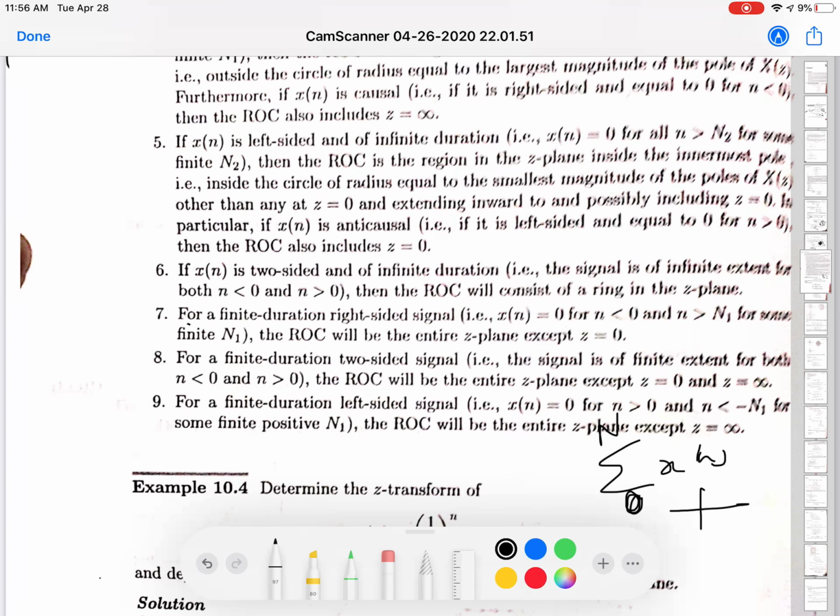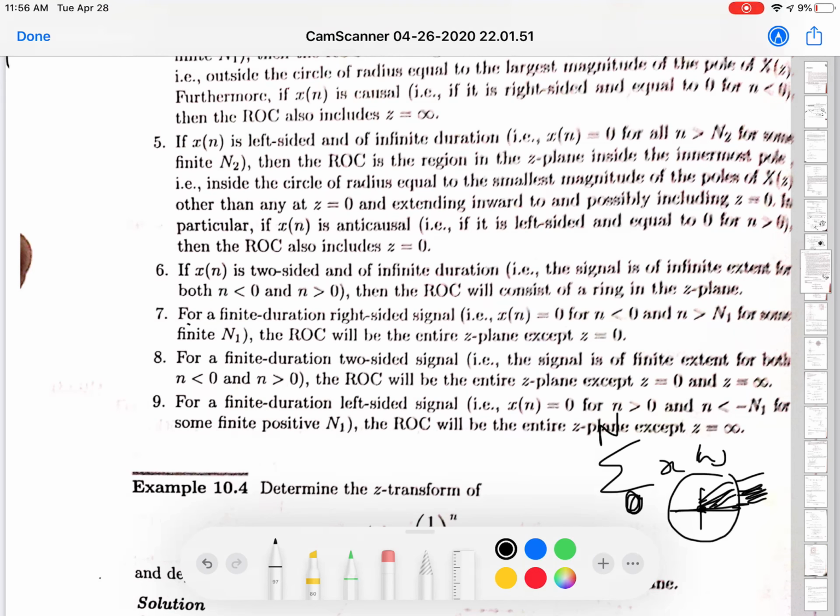The ROC will be the entire z plane, meaning along the circle, inside the circle, outside the circle, but 0 will not be included in the ROC.